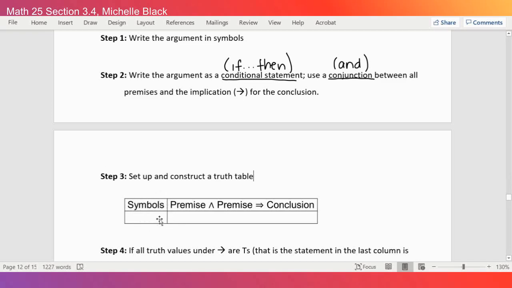This is where we would have all of our columns with all of the parts we would need to get the information for our last column. So this would be a P column, a Q column, potentially an R column, or some negations, connectives, etc. But in our last column, we're always going to have the conjunction of our premises inside of a conditional statement leading to our conclusion.